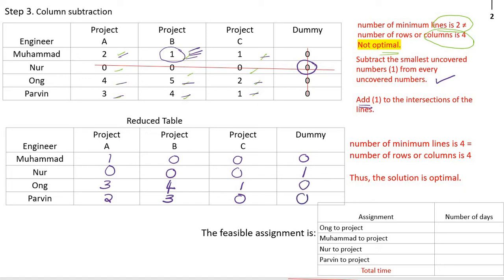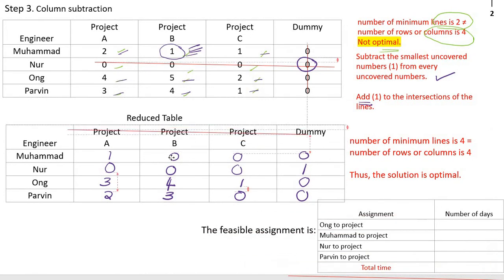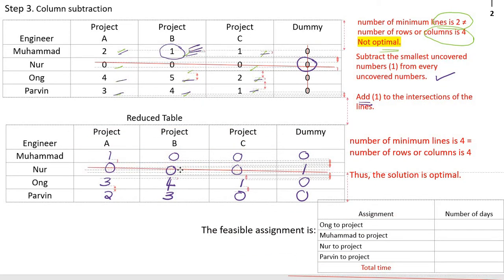Now we can test again the optimality of our table, which is we need to draw straight lines that cover all the zeros.